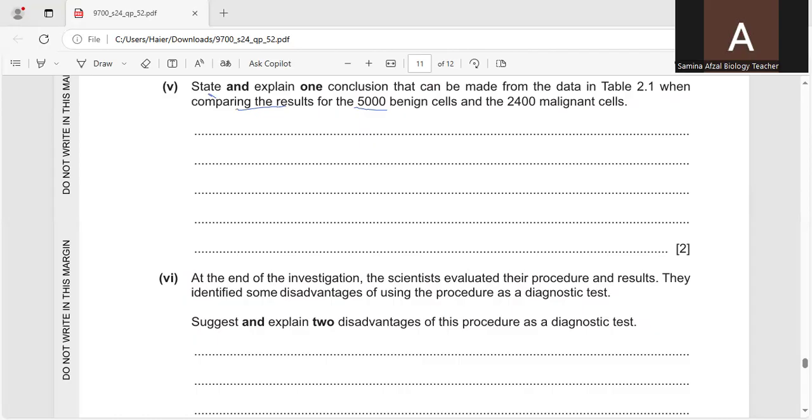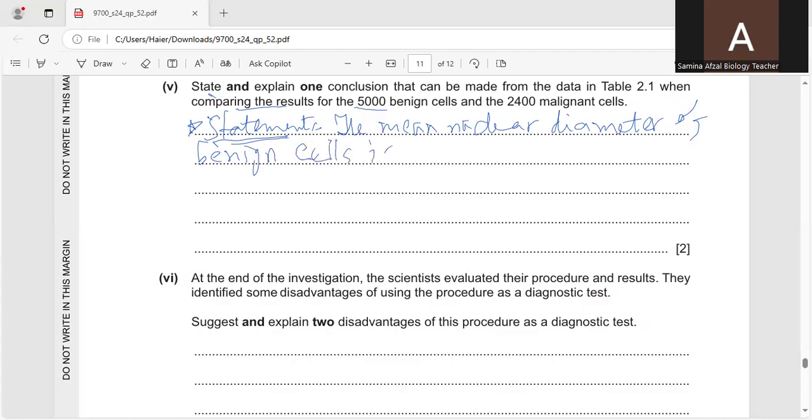The first statement can be: mean nuclear diameter of benign cells is smaller than in malignant cells.